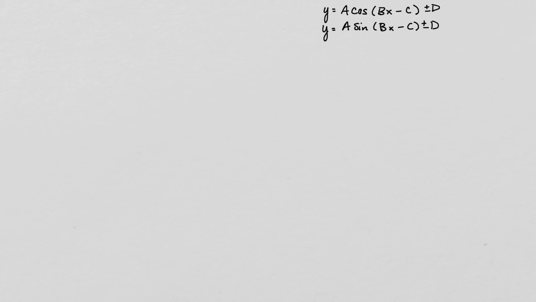Okay, so horizontal shifting left or right in terms of a trig function, because it's a wave, we're shifting the phase of the wave. So the phase shift is really just a fancy way of saying we're shifting left or right.